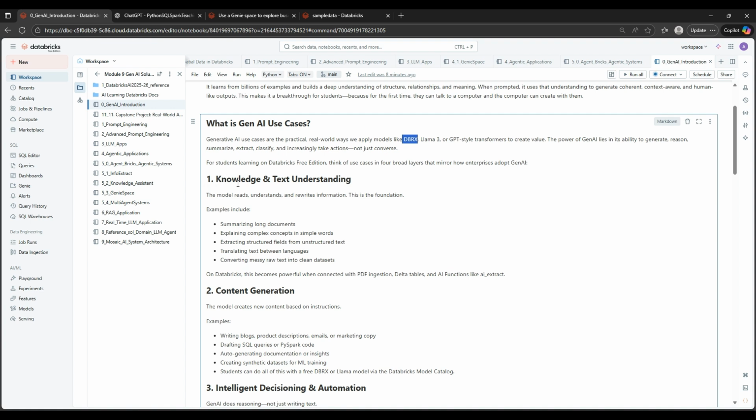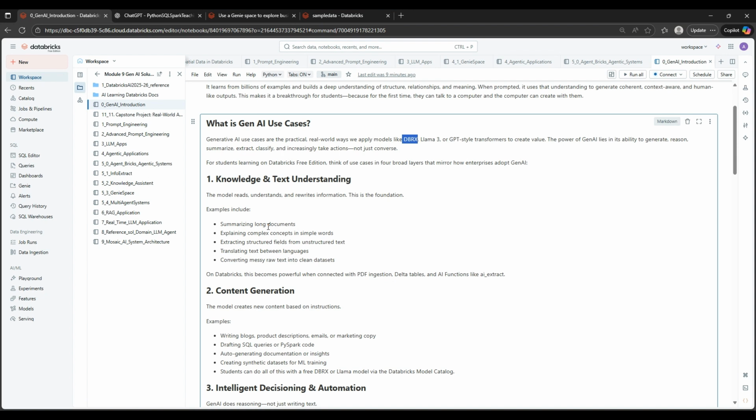First use case can be knowledge and text understanding. Since generative AI started understanding and generating, we can use it for knowledge and text understanding. Earlier we used to do only sentiment analysis, whether it's a good sentiment or bad sentiment. So those kinds of answers were only coming. But here you can start summarizing the text. This is for the first time.